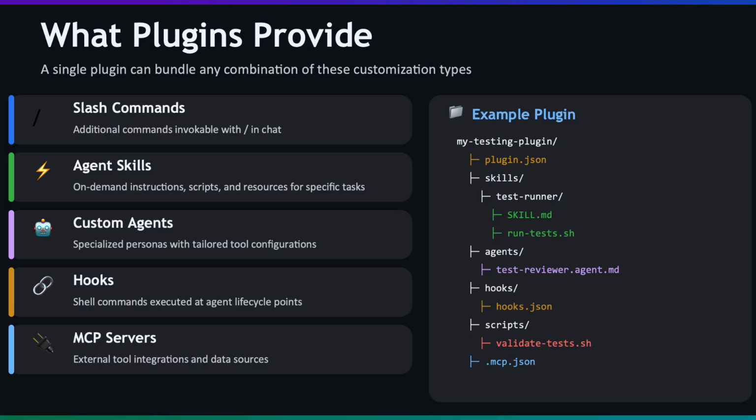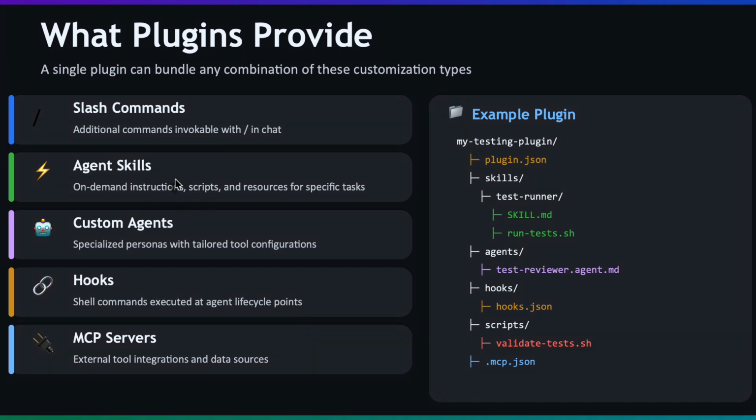Let us take a closer look at what an agent plugin can actually provide. At its core, a single plugin acts as a container for multiple types of agent customization, allowing you to bundle everything together in one place. First, we have the / commands. These allow you to invoke custom functionality directly in chat using the / symbol. Next, agent skills.